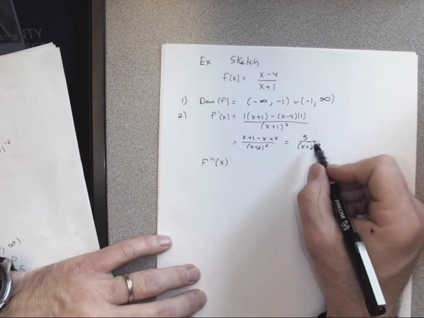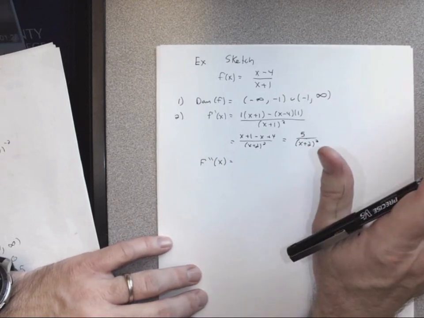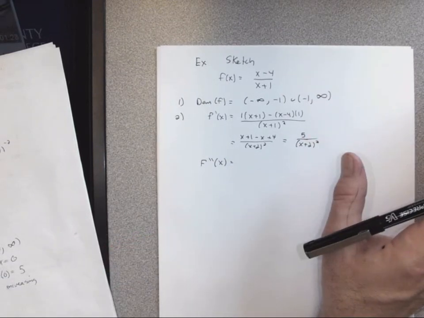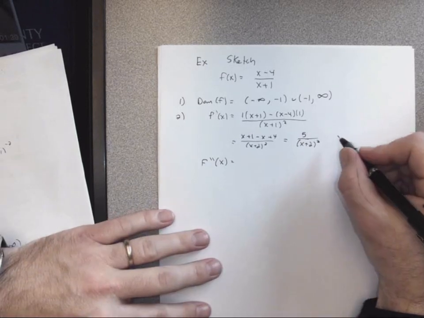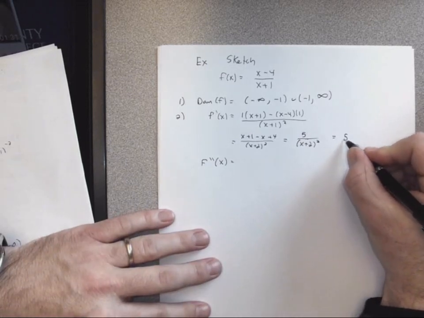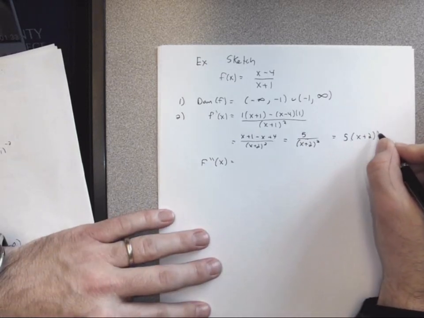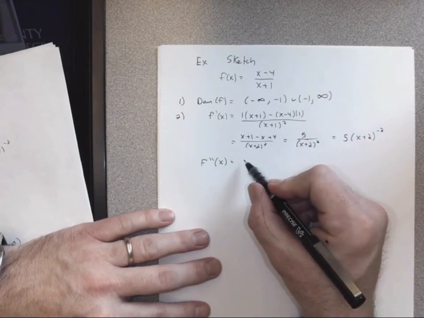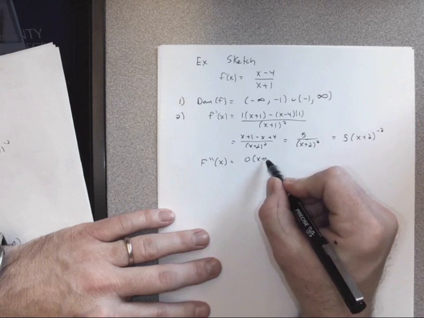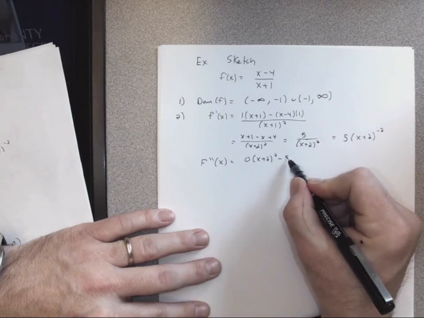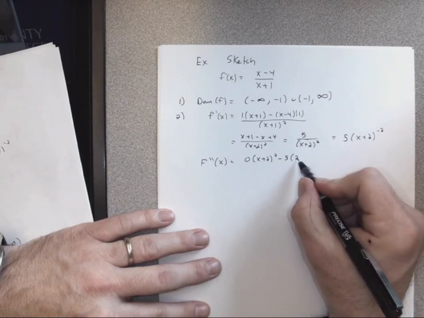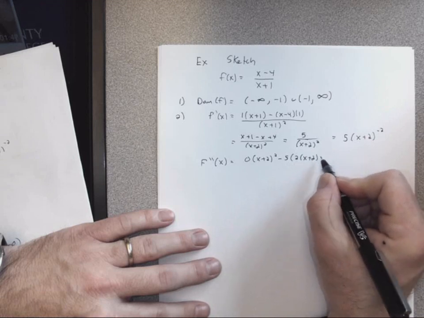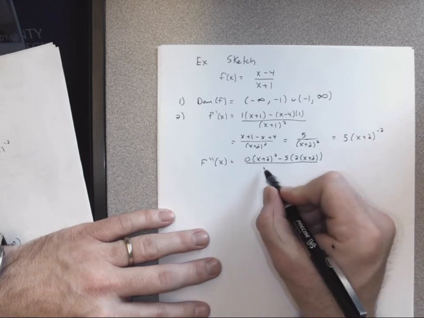Well, since the numerator actually is a constant, we can totally do the quotient rule again, but you could skirt the quotient rule by using the chain rule here. So I'm going to do it both ways to show you. So derivative of the top times the bottom minus the top times the derivative of the bottom, so 0 minus 5 times 2 times x plus 1 to the 1, all over the bottom squared.